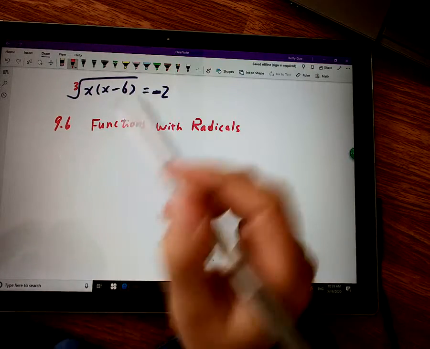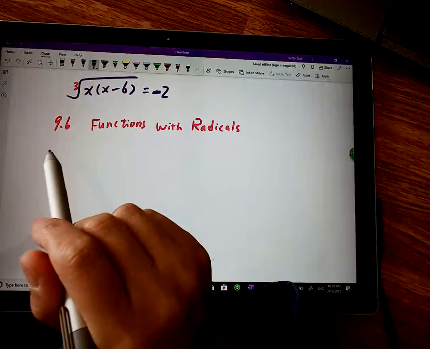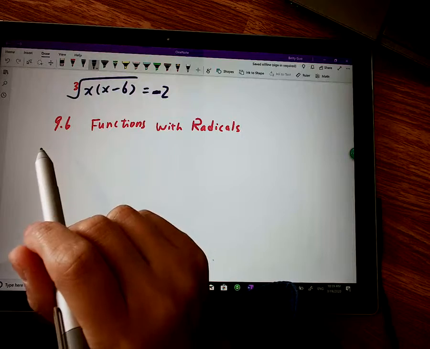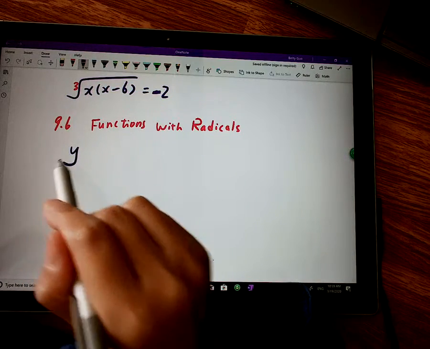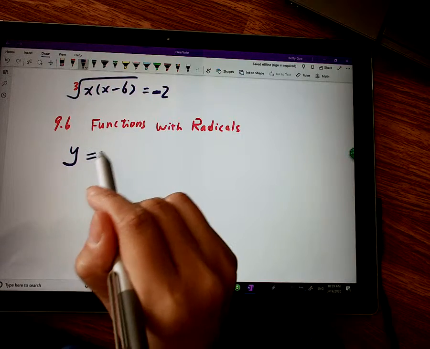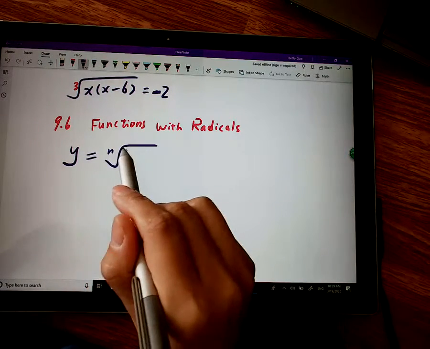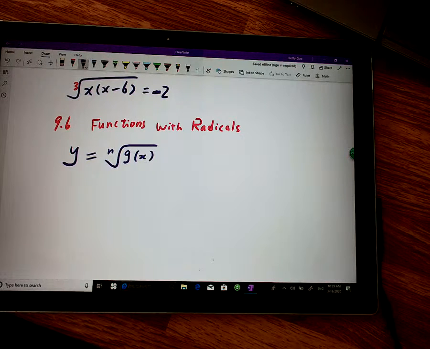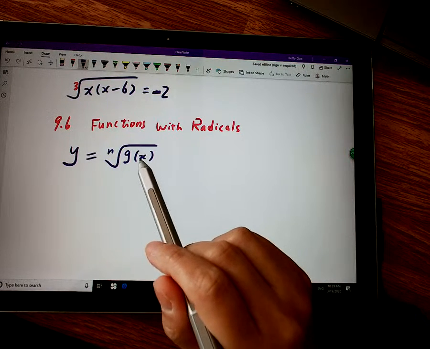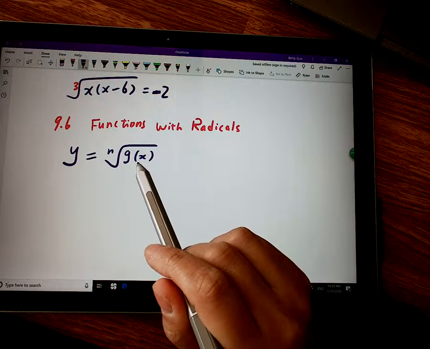It has the definition for a radical function. A radical function is defined as any function which can be written in this form, in which the radicand contains a variable expression, meaning the variable x is in the radicand of the radical.